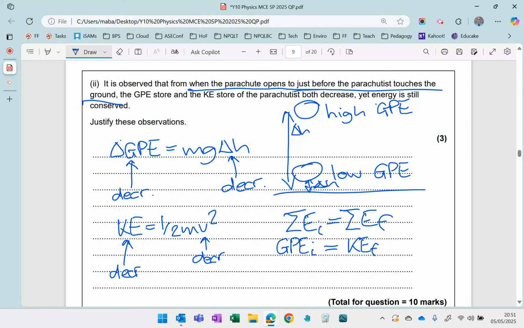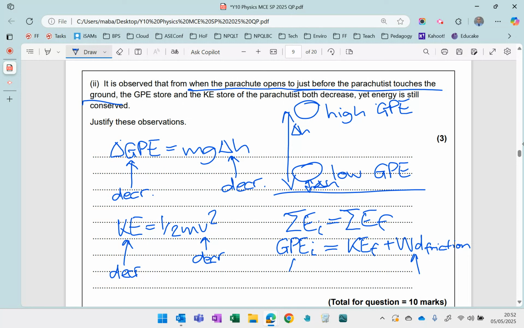And if you open a parachute, you've got a lot of friction. So we've got to put this extra term in here, which is the work done against friction by the parachute. So yes, this number is going to get smaller, and this number is also going to get smaller, but the energy is conserved.